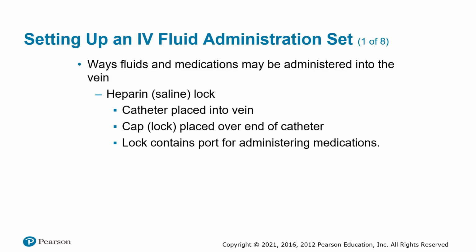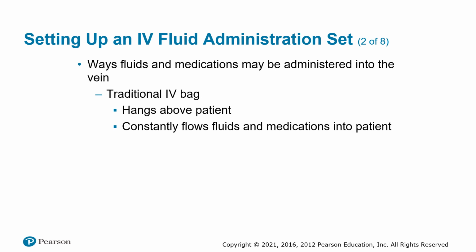IV therapy. So there's a couple different things to know about IV fluid administration. There's some stuff that it goes into, and when we do skills, we'll go through how to set one of these up, and I'll explain everything that goes into it.